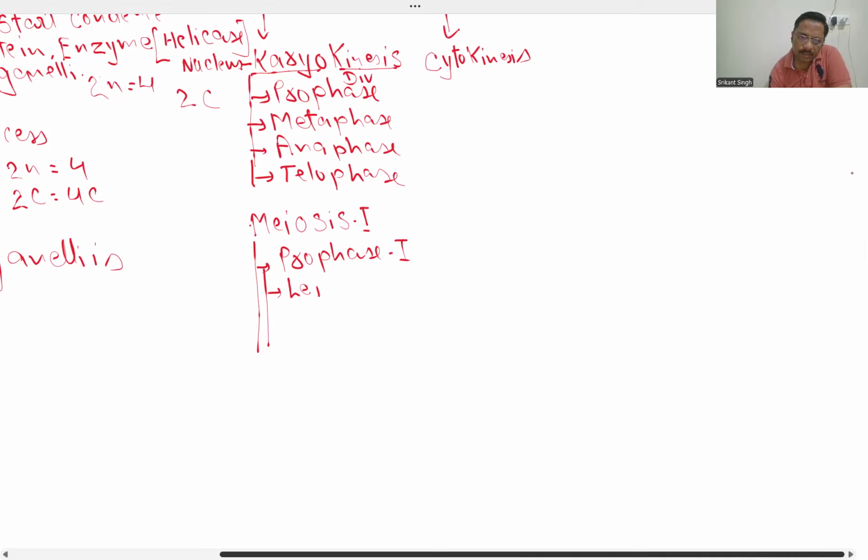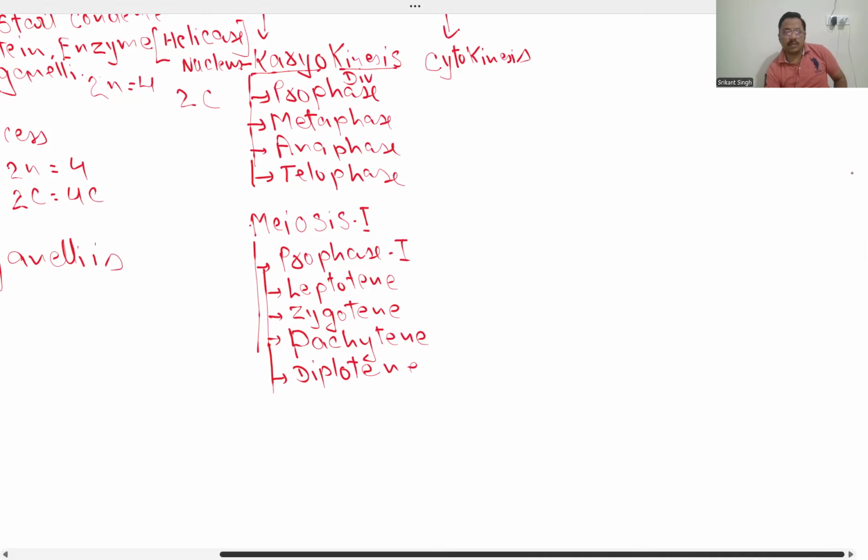So that's why it has leptotene, zygotene, pachytene, and diplotene. So this way, prophase 1 is longer in meiosis 1.